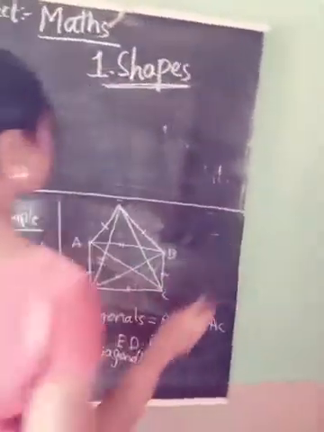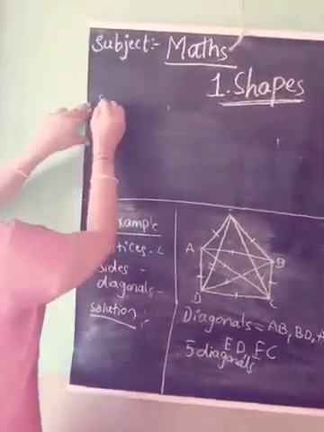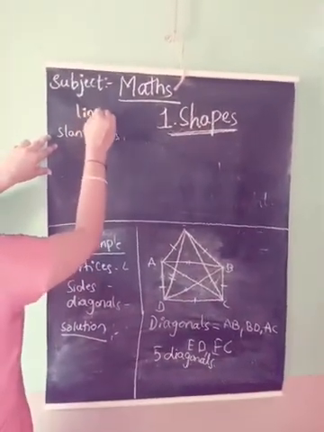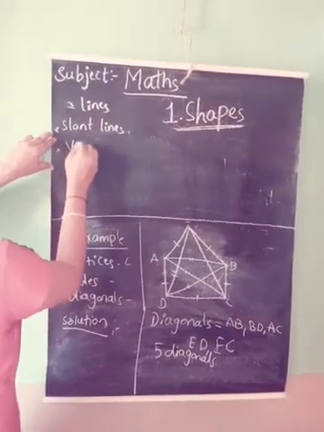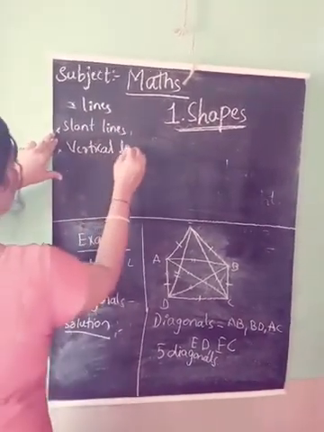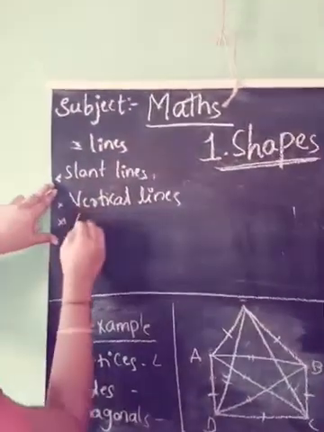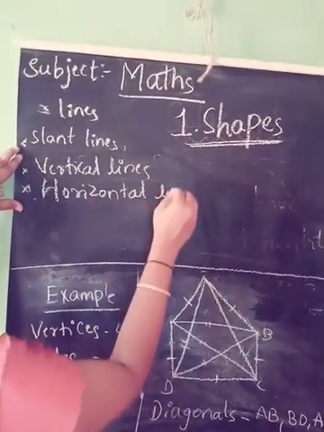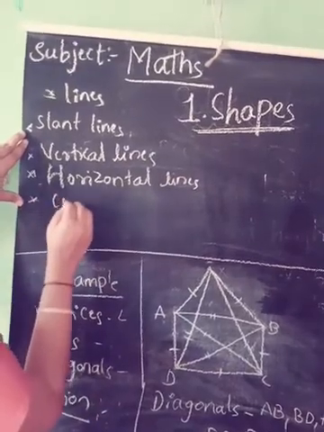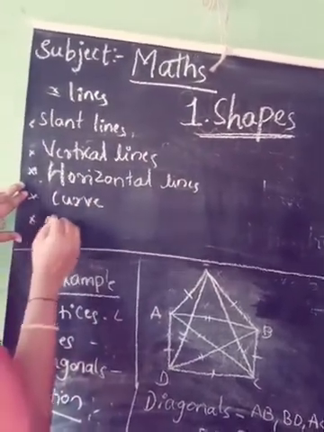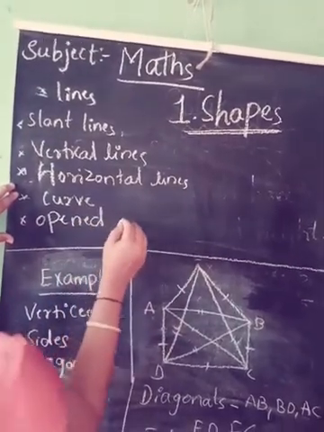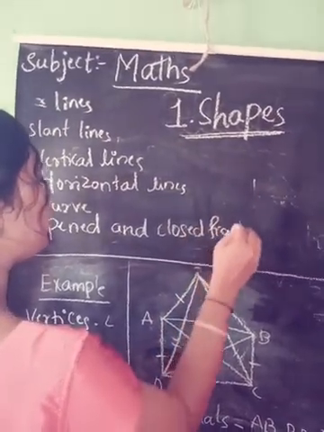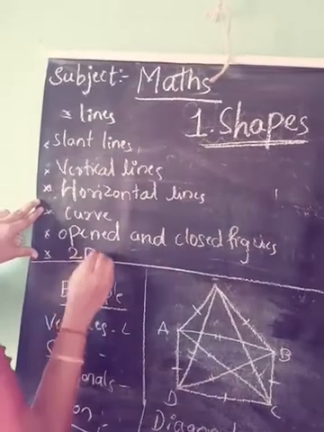Now in shapes, what we studied first: about lines, slant lines, vertical lines, horizontal lines, then curve, then opened and closed figure, then two-dimensional shapes.